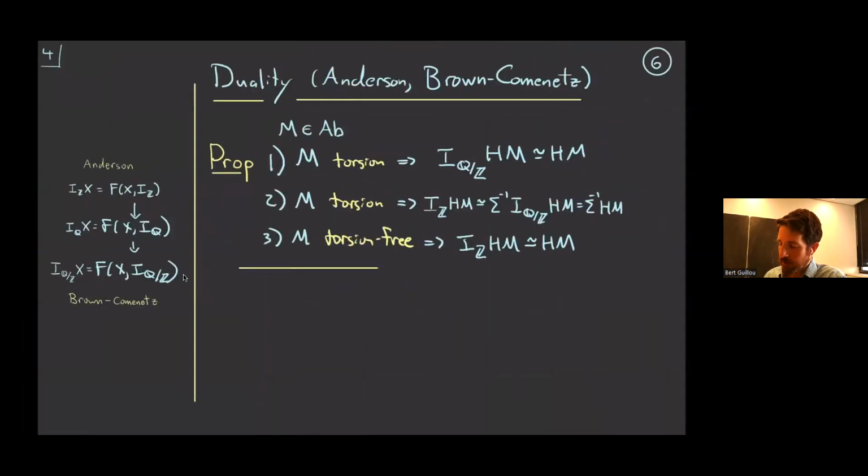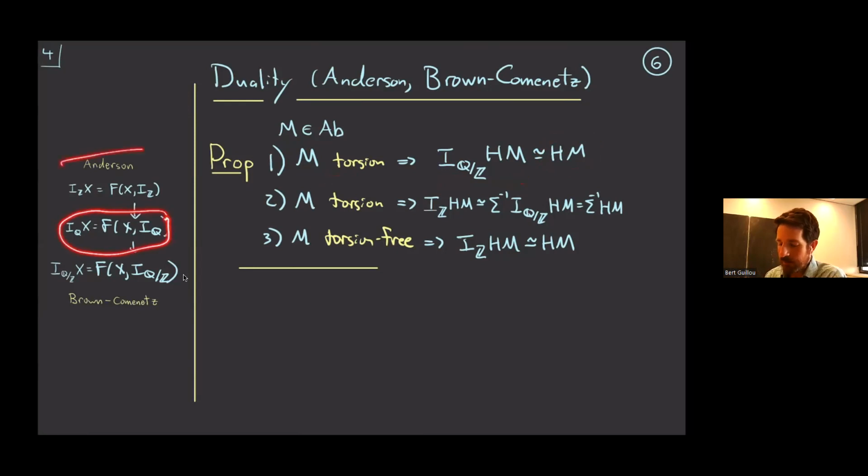So let's say that M is an abelian group. First of all, let's consider the case where M is a torsion abelian group. Then it's not so hard to see that the Brown-Comenetz dual of the Eilenberg-MacLane spectrum HM is just HM itself. So HM is self-dual according to Brown-Comenetz duality as long as M is torsion. Another thing, of course, is that the rational cohomology is going to vanish.